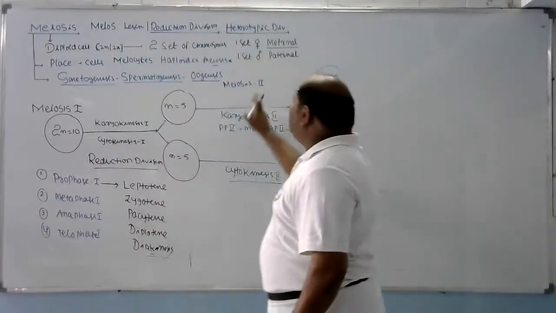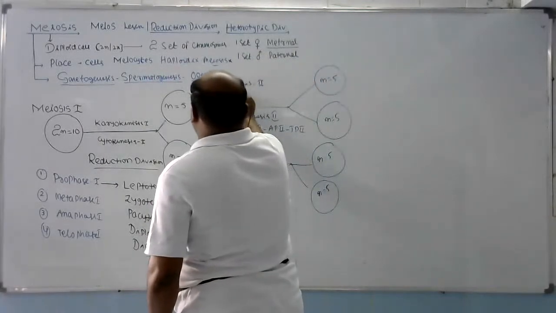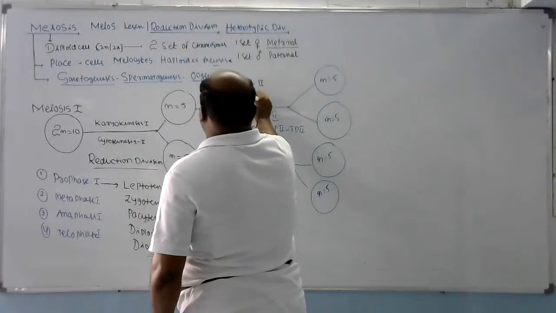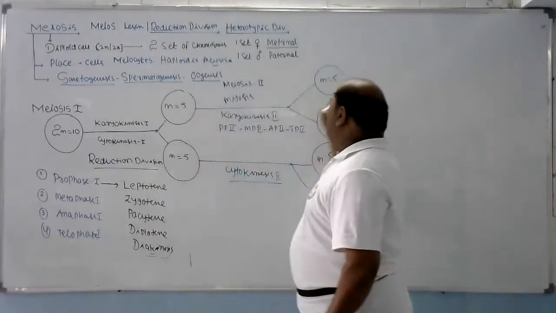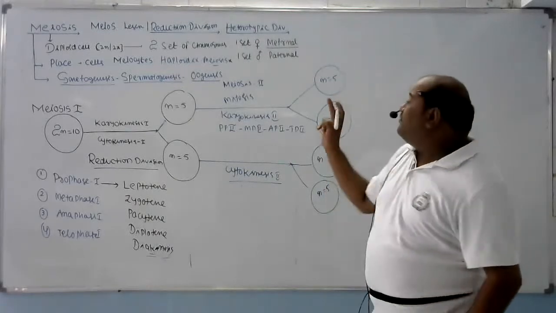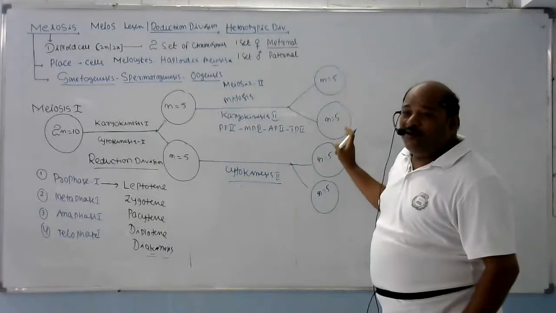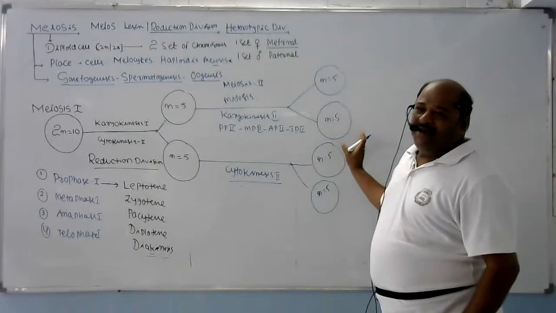So meiosis 2 is equivalent to mitosis. Why? Because in mitosis, once the cell is divided, the 2 daughter cells formed are equal in size, shape, and chromosome number.